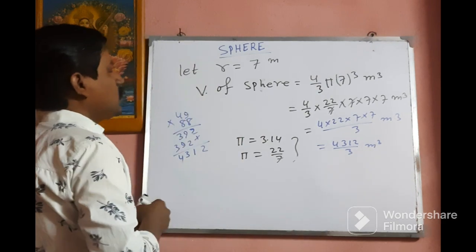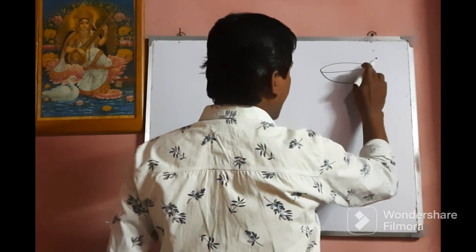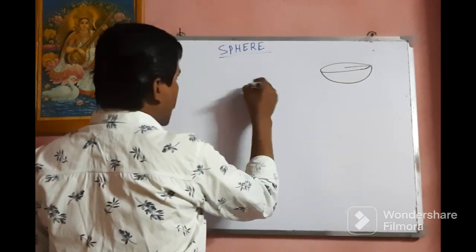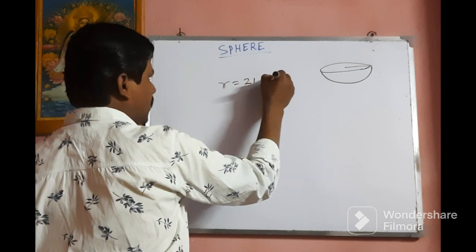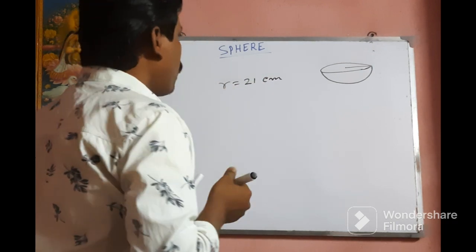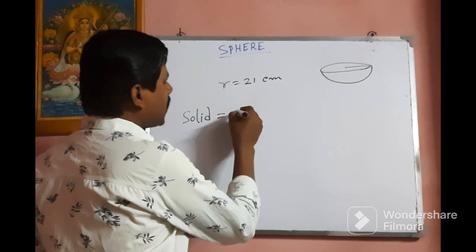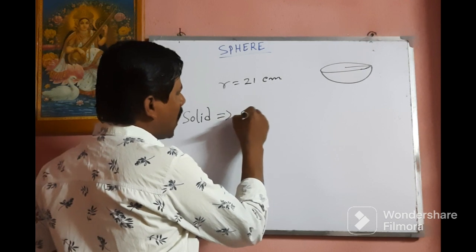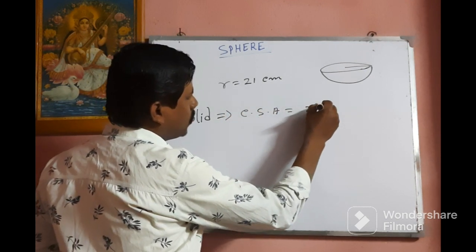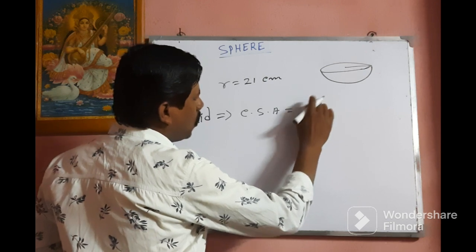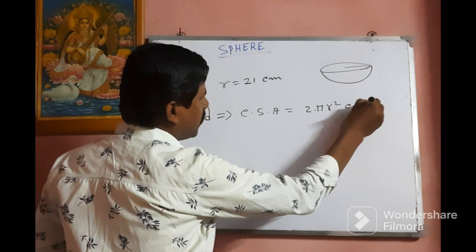Suppose a hemisphere is given and the radius of the hemisphere r is equal to 21 centimeter. Then find the curved surface area. If this is a solid hemisphere, then the curved surface area is equal to 2 pi r square, and this will be the centimeter square.